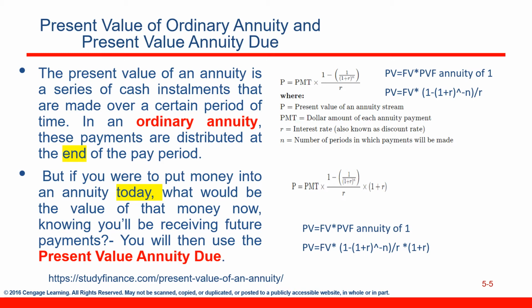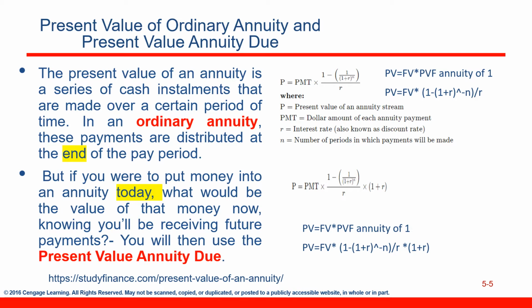So our formula for the present value ordinary annuity, we have the payment times the present value factor of annuity of 1, which is 1 minus 1 over 1 plus r raised to the n, and then you divide it by r, or 1 minus 1 plus r raised to the negative n divided by r.